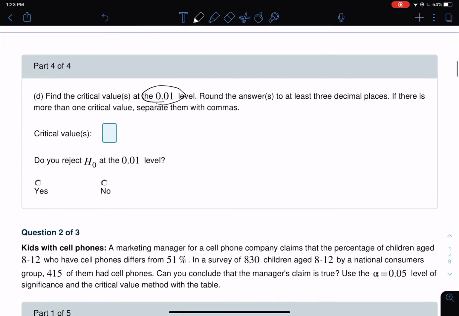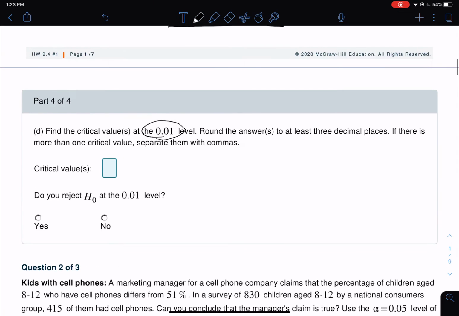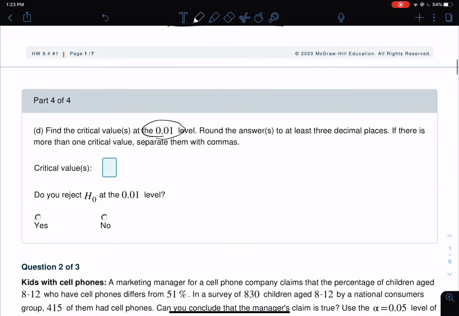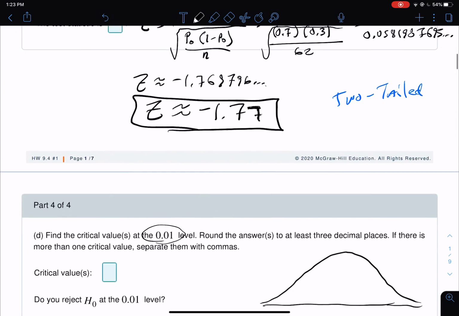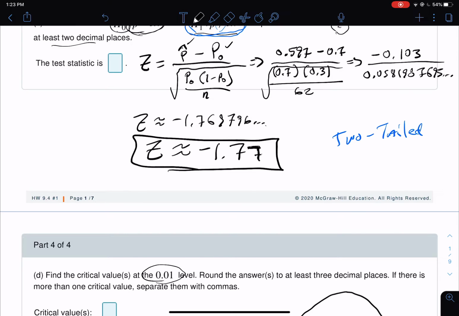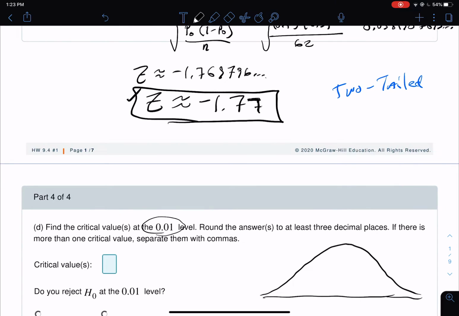I'm going to put some of that information right here. So it's a two-tailed test. Now, the nice thing about this section is we're talking z-scores, and finding critical values for z-scores is really easy because we've got a chart.